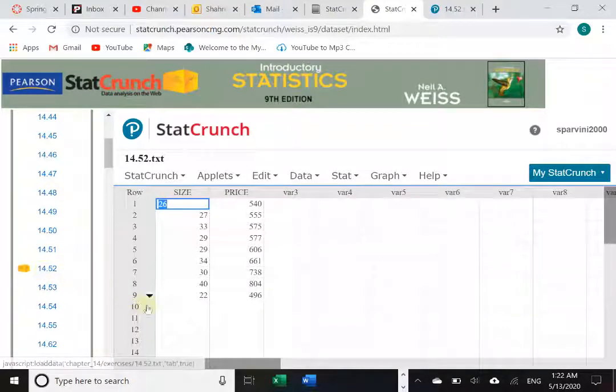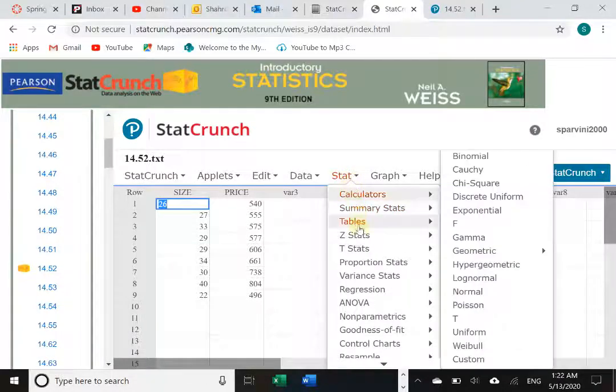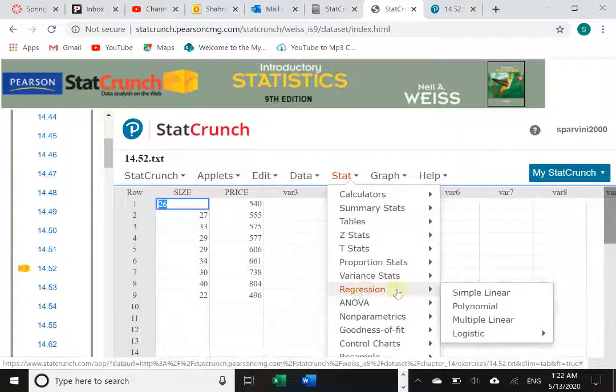There you go. And you can see in this exercise, the first column is size, then that's the price of these homes. And here's how easy it is, folks, to get that regression output. You go to stat, down, down, down to regression. See, it's very, very self-explanatory.